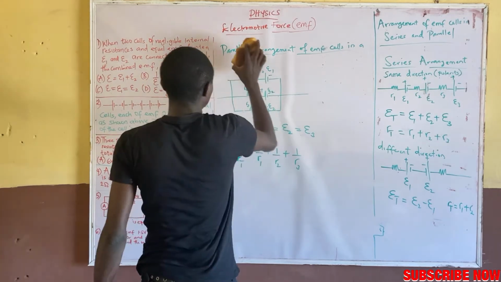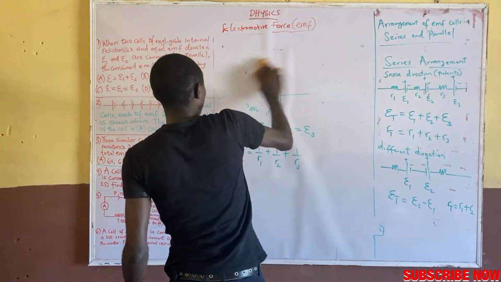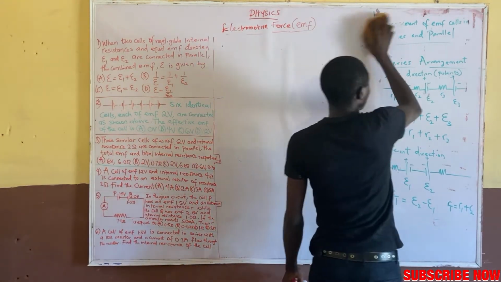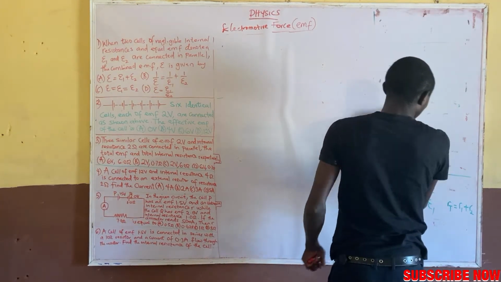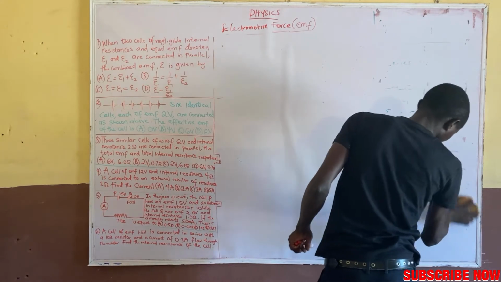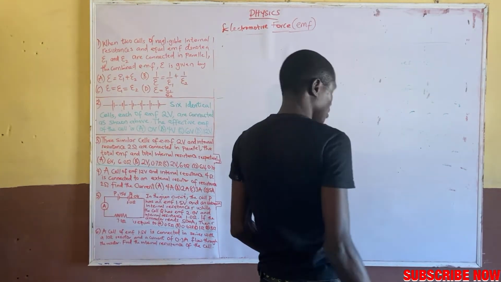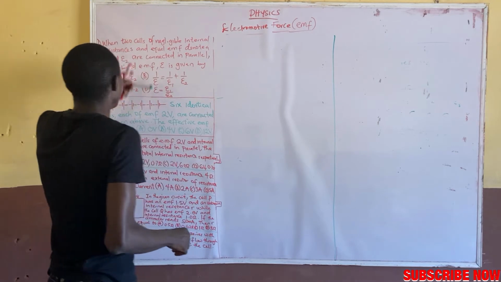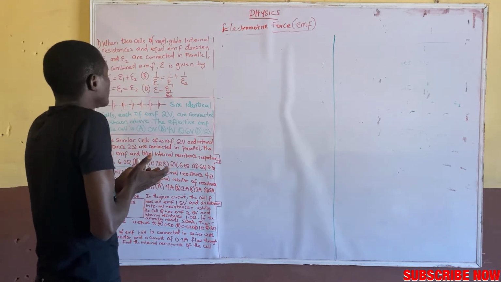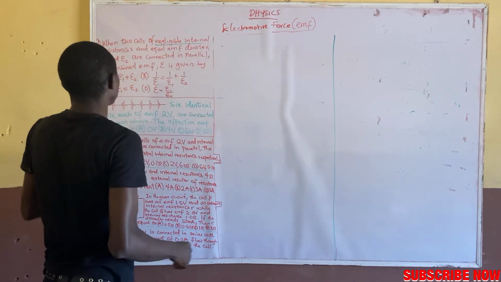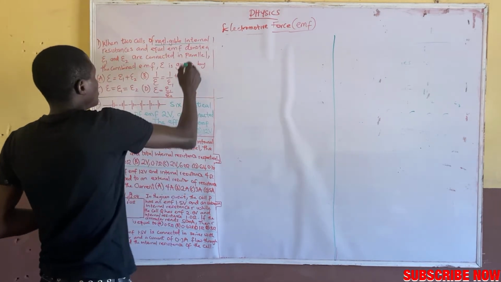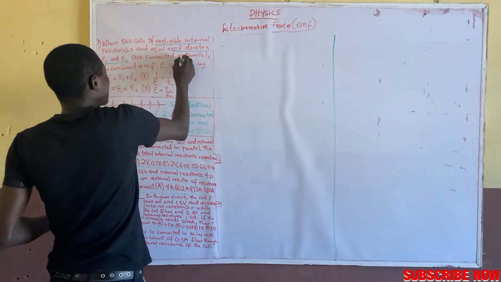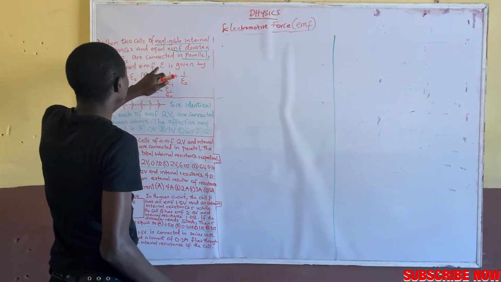So now, question number 1 says, when two cells of negligible internal resistance and equal EMF denoted E1 and E2 are connected in parallel, the combined EMF E is given as.